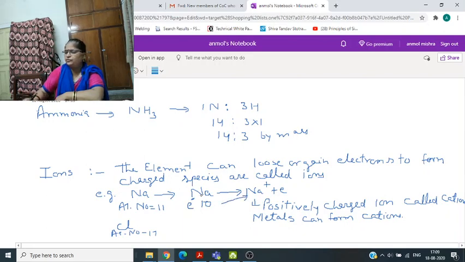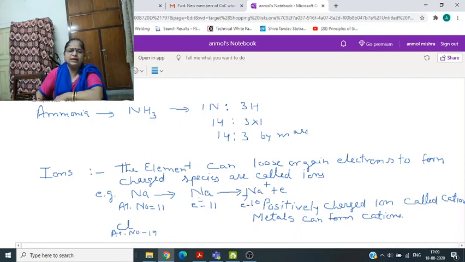So the number of electrons for sodium here will be 11, but for the Na plus ion it will be 10.